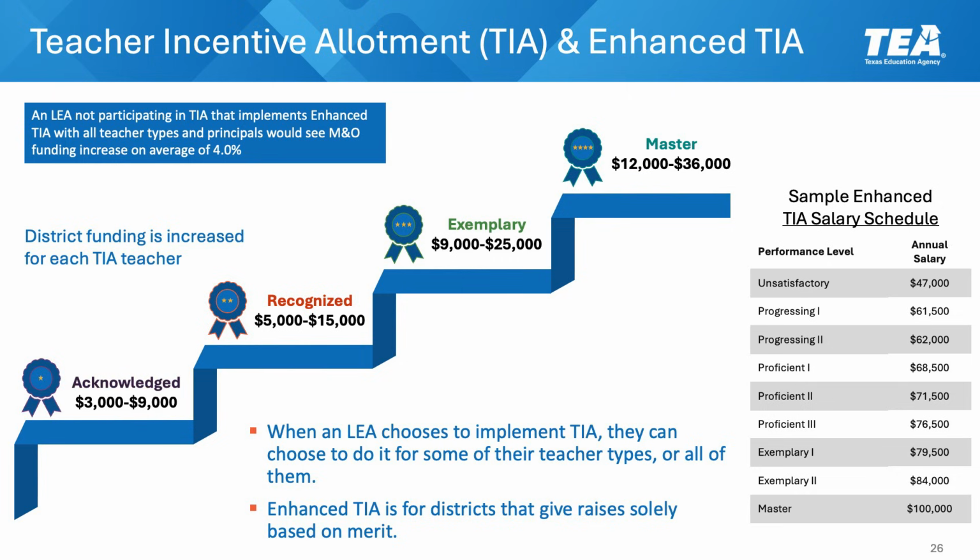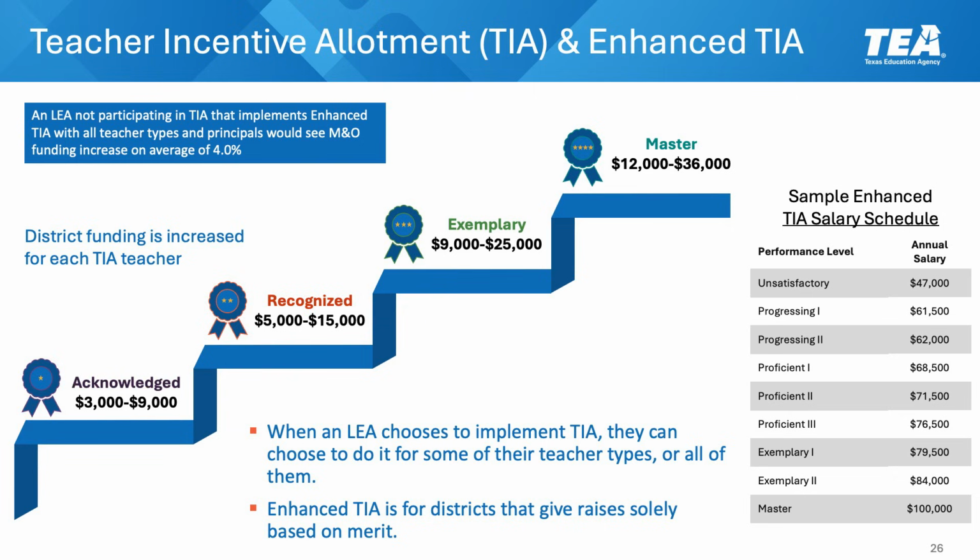Local districts will determine the rules of their teacher incentive allotment system locally, get those approved by the Texas Education Agency, and then rate their teachers according to that system. The Texas Education Agency will send allotments to those districts for districts to pay those teachers additional funds.